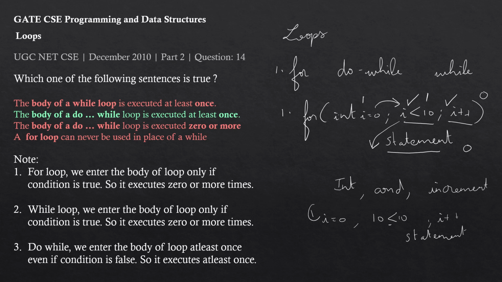So this happens only once. This can happen one or more times. And these two will happen 0 or more, depending on the value of this condition. So that is the for loop.